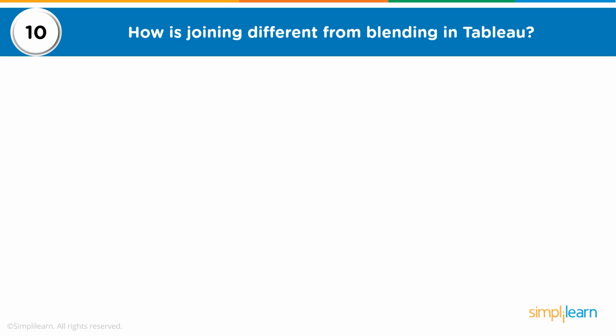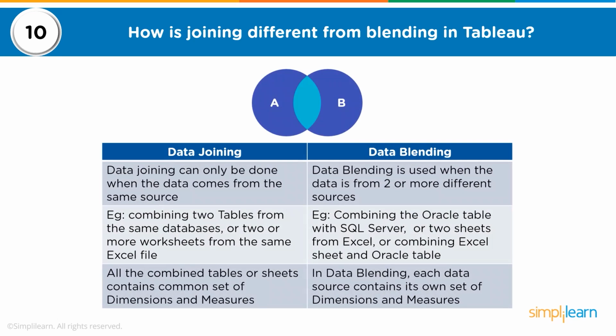10. How is joining different from blending in Tableau? So now we're going to jump into the Tableau package. Data joining. Data joining can only be done when the data comes from the same source, like combining 2 tables from the same database or 2 or more worksheets from the same Excel file. All the combined tables or sheets contain a common set of dimensions and measures.